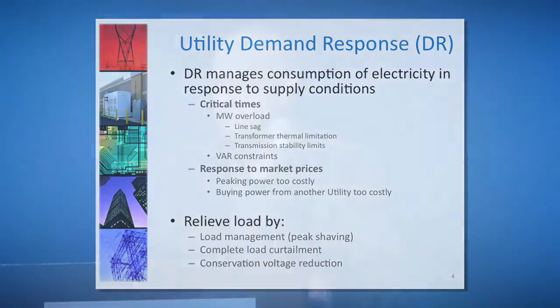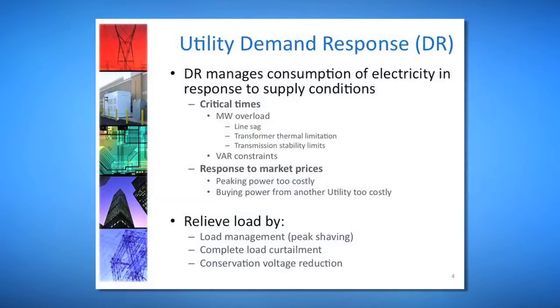Peak power costs money. If Florida Power Corp or now Progress Florida runs out of power and they have to buy it from Georgia Power, there's no such thing as price gouging protection. They sock it to you at demand time. You can go up to very high levels of dollars per kilowatt or dollars per megawatt. So there's a big financial incentive, and guess what? For facilities, that gets passed on to you, and we'll discuss that in a little bit.